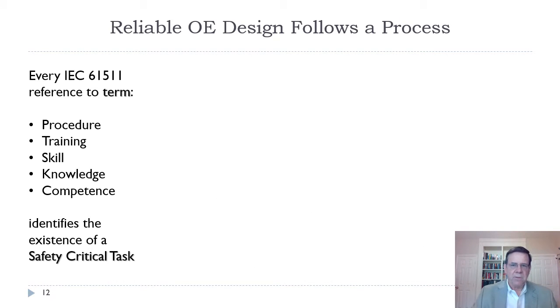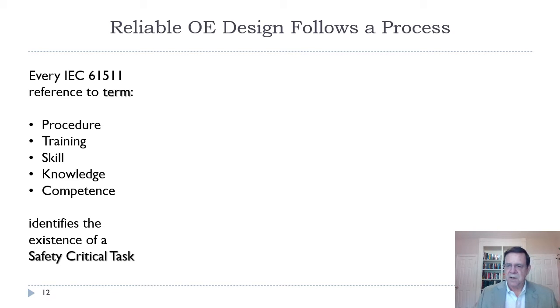Now when you look at the standard and you see these terms, procedure, training, skill, knowledge, all of these say there is a human, and you only invoke these when there's a task. So basically, every use of these in the standard is invoking a safety critical task. Here is the way to look at something like a procedure.